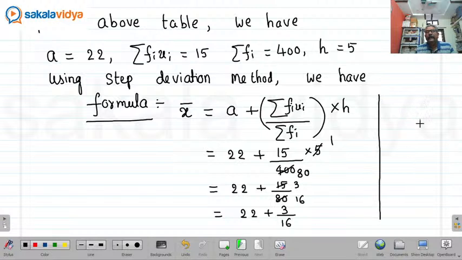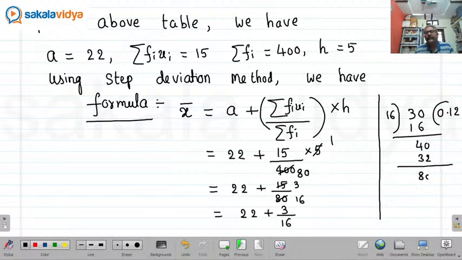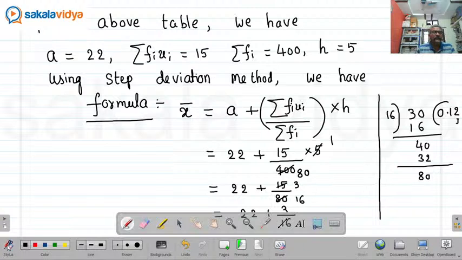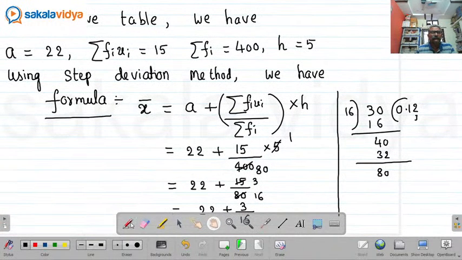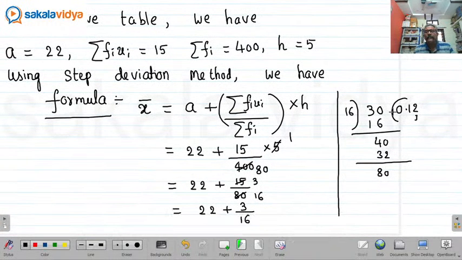So now divide 3 by 16. It cannot go, so 0. 16 twos are 32, 16 ones are 16, you will be getting 40. 16 twos are 32, 8 you will be getting 80. 16 fives are 80. That means 0.125.